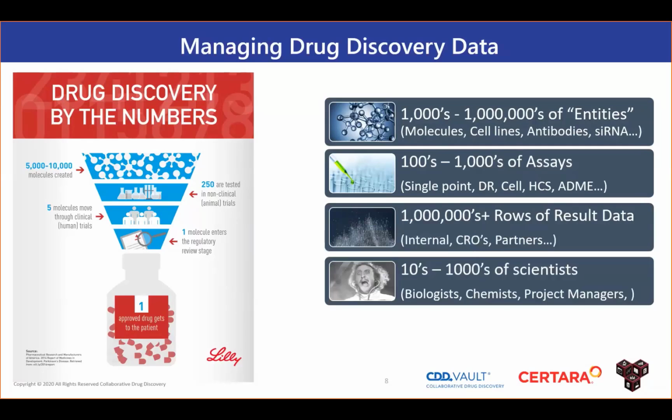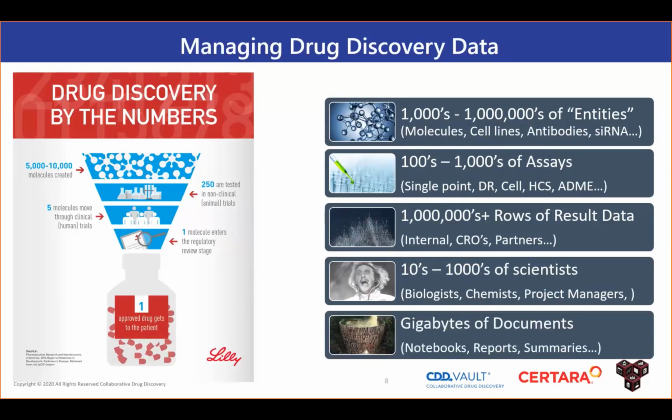Once generated, this data needs to be accessible to a collection of very serious, very thoughtful, well-educated, yet often stressed-out scientists who need to be able to access this data in many different ways. Finally, this data is pulled together and summarized in all sorts of documents and reports containing both structured and unstructured data.